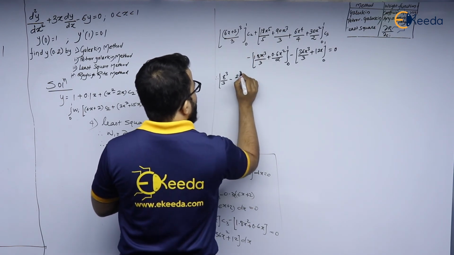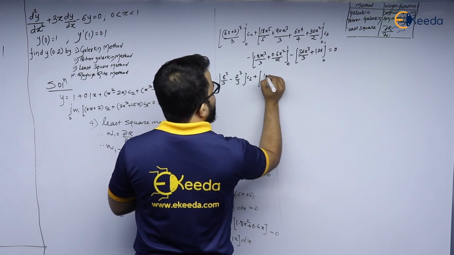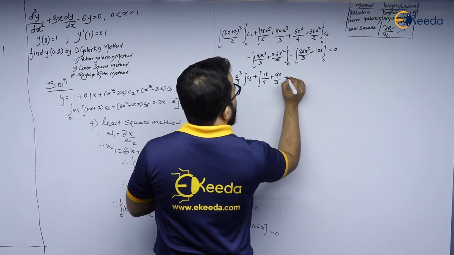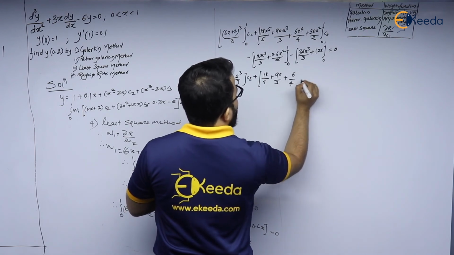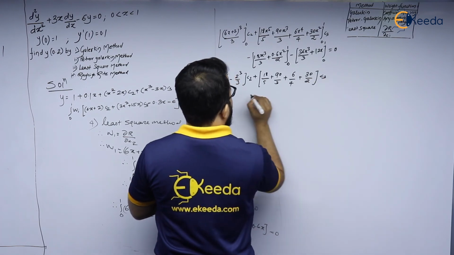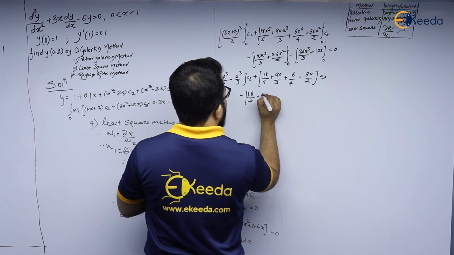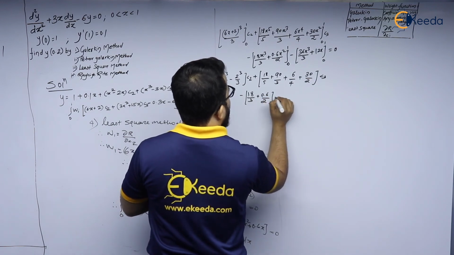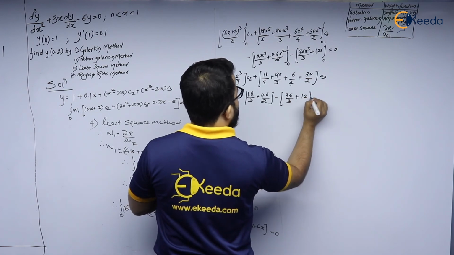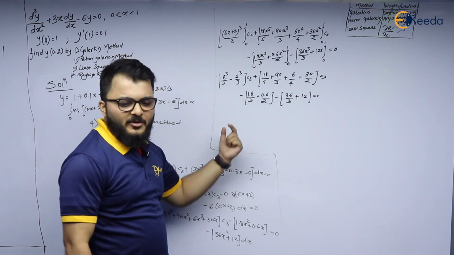So this will become 2^3 upon 3 into C2 plus, similarly, 18 by 5 plus 90 by 3 plus 6 by 4 plus 30 by 2 into C3, minus 1.8 by 3 plus 0.6 by 2, minus 36 by 3 plus 12, is equal to 0. Now I will put this equation in the calculator and you will get a proper equation.